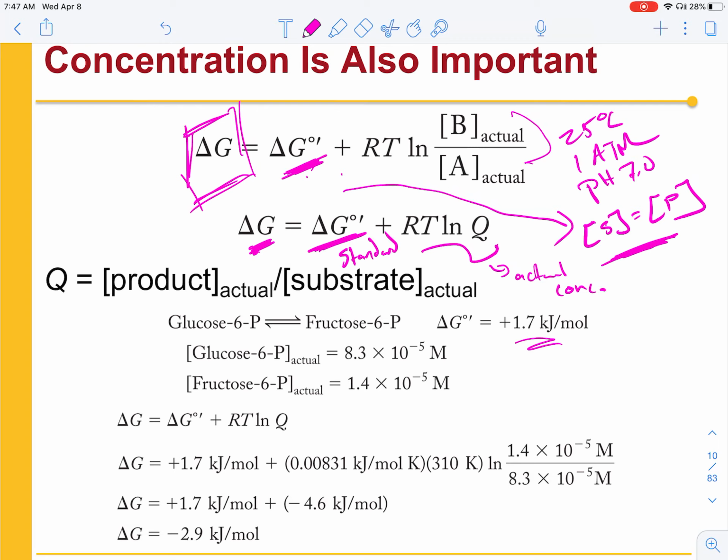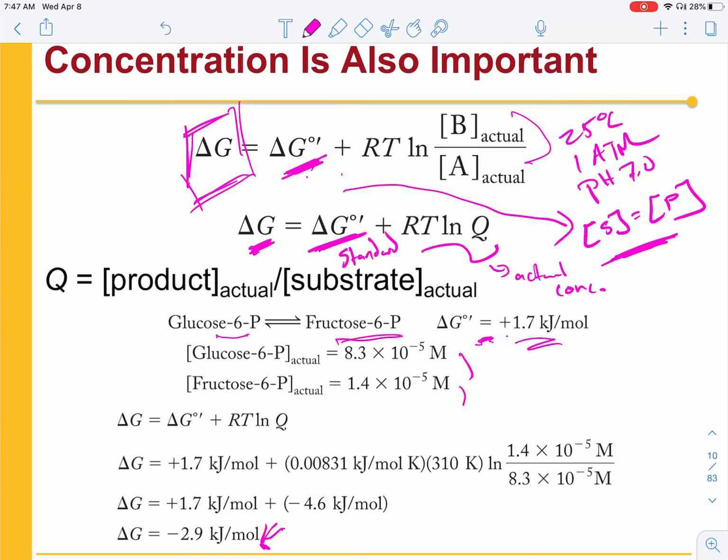And so here's an example. This is glucose 6 phosphate to fructose 6 phosphate, so an isomerization reaction. The standard delta G is positive 1.7 kilojoules per mole. But when you factor in the concentrations of fructose and glucose in the cell, then you can see using this expression that the new actual delta G is negative 2.9 kilojoules per mole.